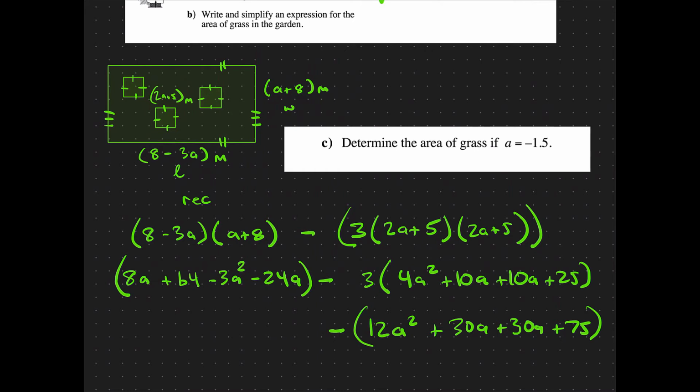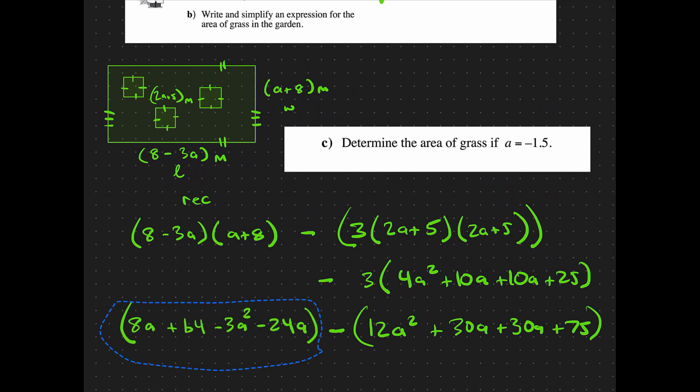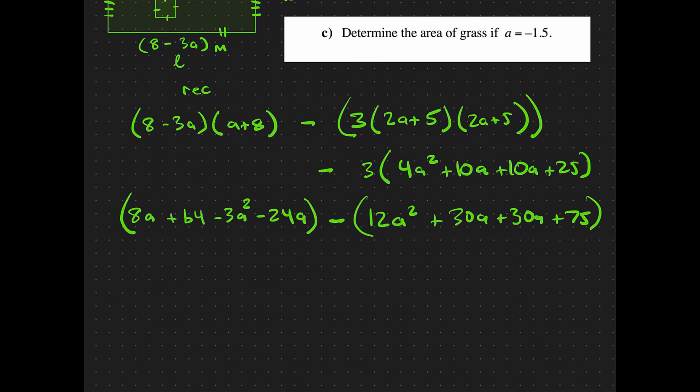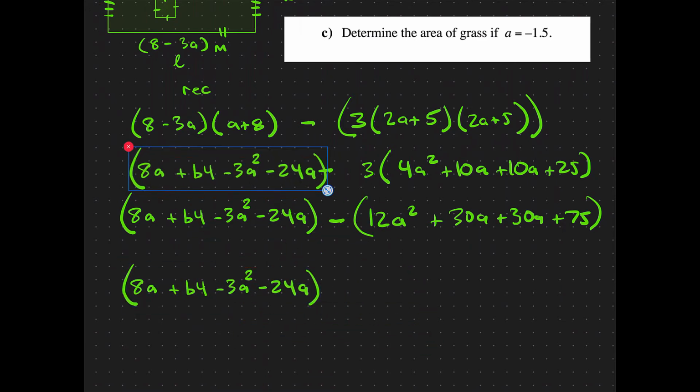I'm going to subtract from it this guy right here. So I can rewrite that by taking this, I'm just going to copy that, paste it right there, and paste another one. We'll put it back to where it should have been.